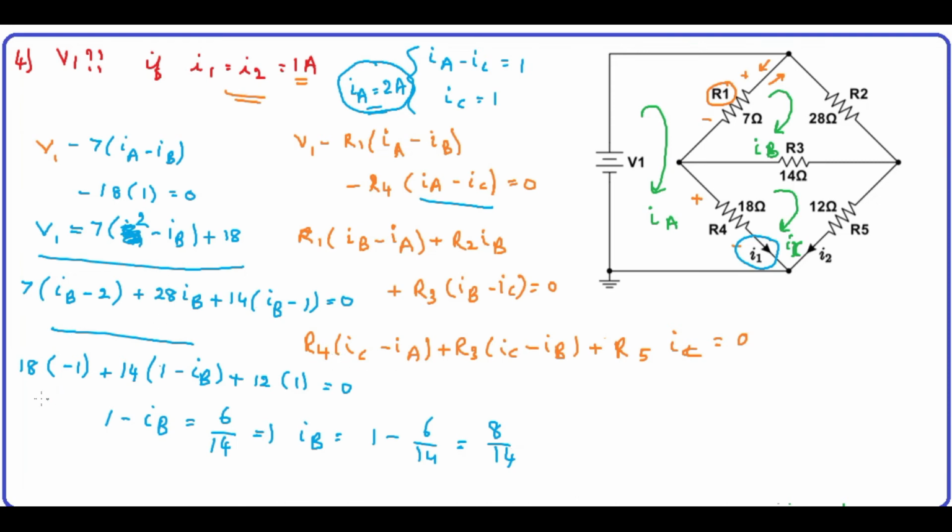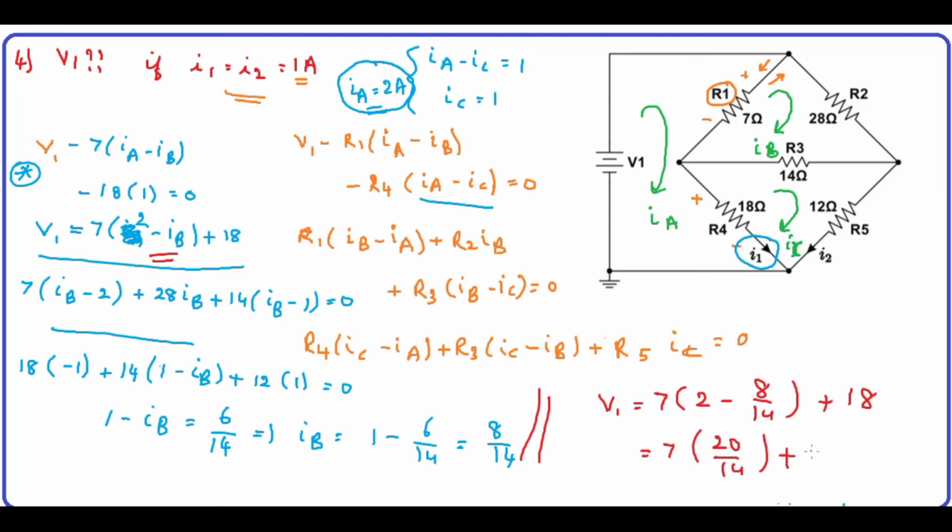So now I would like to substitute this in this equation. So V1 is equal to 7 into 2 minus 8 by 14, plus 18, which is equal to 7 into 2, that is 14, is 28 minus 8 is 20 by 14, plus 18.